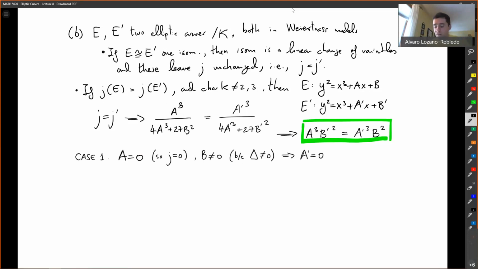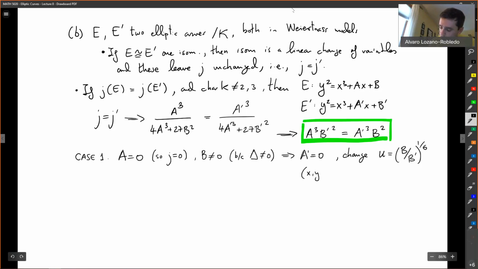In which case j prime is also 0, and the change of variables that will bring you from one equation to the other is a change with u equal to a sixth root of b over b prime. So I'm doing the change of variables x, y goes to u squared x prime, u cubed y prime.